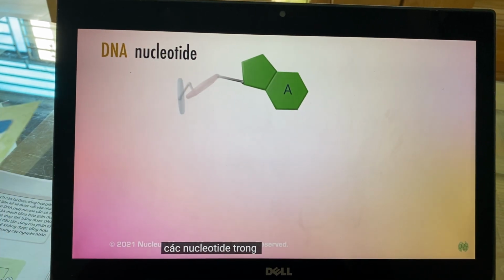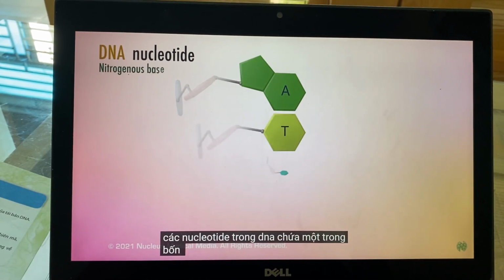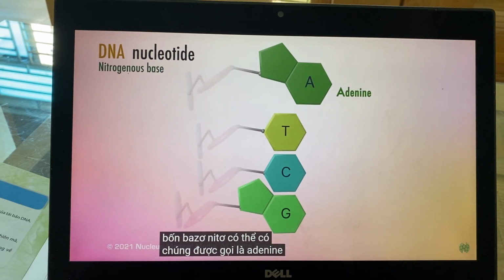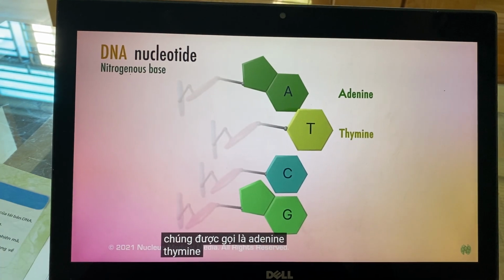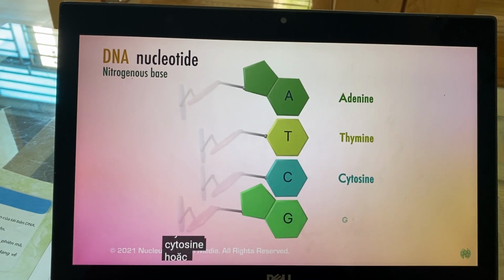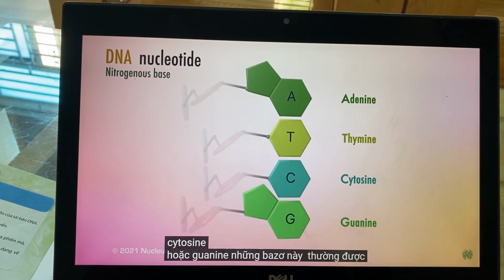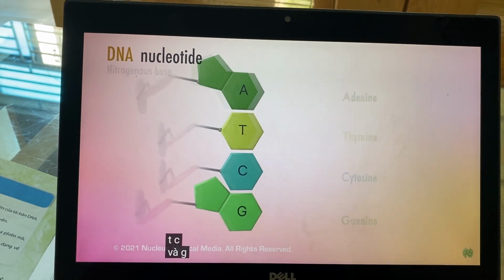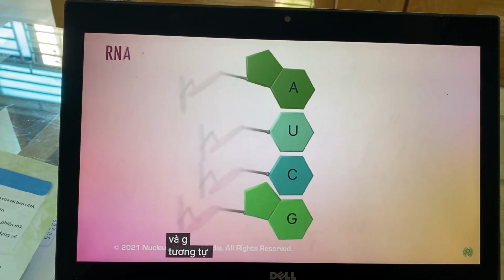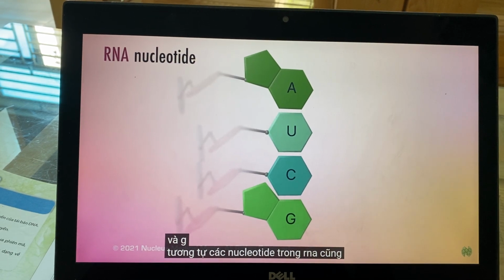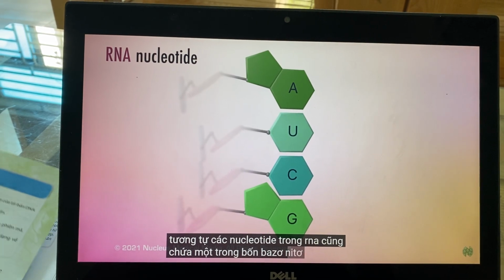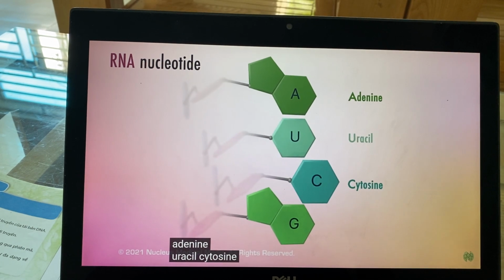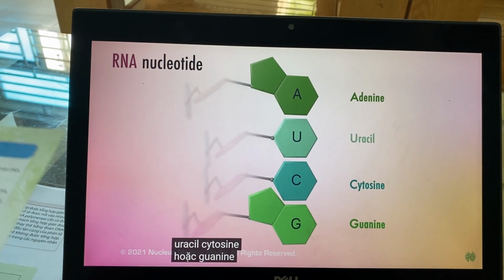The nucleotides in DNA contain one of 4 possible nitrogenous bases. They are called adenine, thymine, cytosine, or guanine. These bases are usually abbreviated as A, T, C, and G. Similarly, the nucleotides in RNA also contain one of 4 nitrogenous bases: adenine, uracil, cytosine, or guanine.